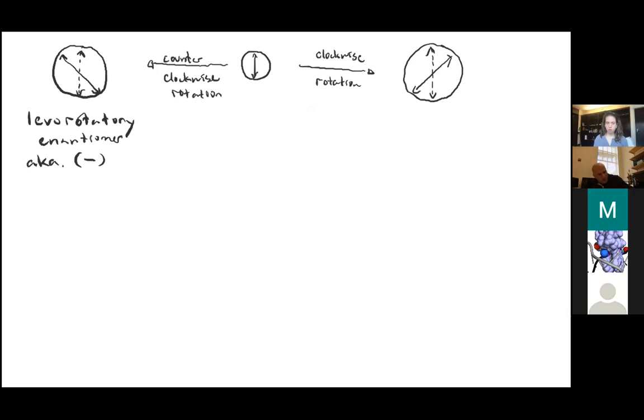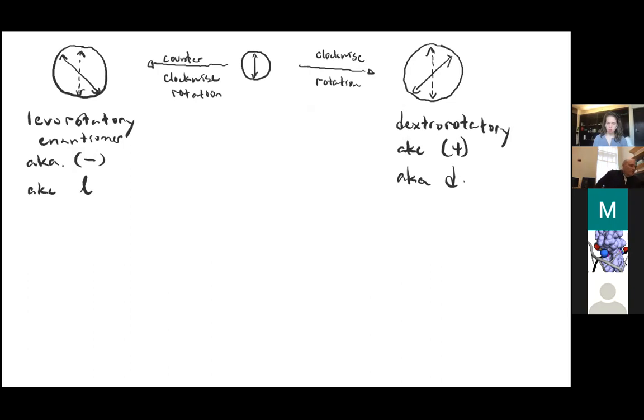And if we rotate light in a clockwise direction, it's dextrorotatory, also represented as a plus. Okay. And so your enantiomers are either plus or minus, dextrorotatory or levorotatory. There's another descriptor that's less frequently used, but sometimes they'll just call this the L enantiomer, and this the D enantiomer. Okay. One enantiomer of your molecule is going to be the plus one, the other is going to be the minus.